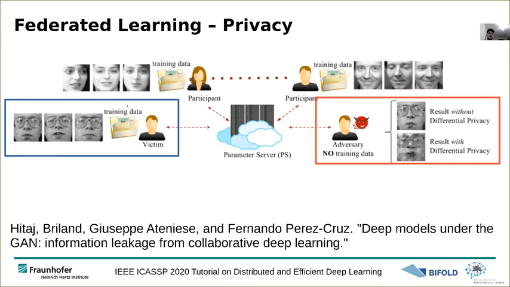In this scenario, you have different clients all holding face data, and they train some kind of model together. The adversary, by altering the updates that it sends to the server, can actually force the victim to reveal this information, so what the victim looks like. And the results are actually extremely good.